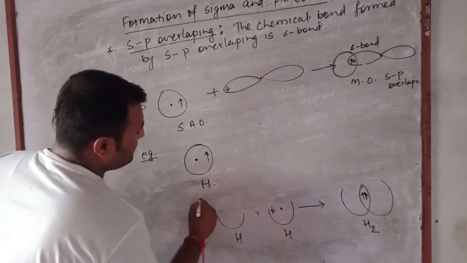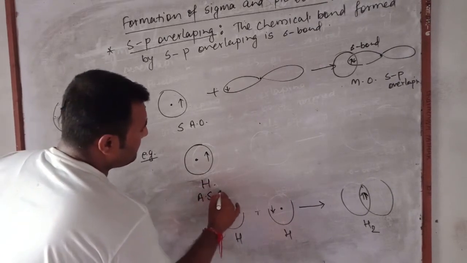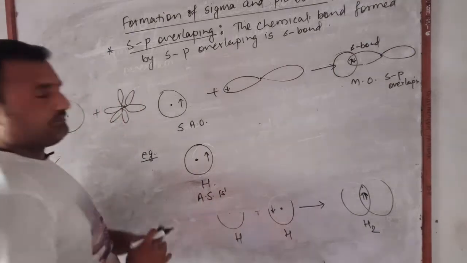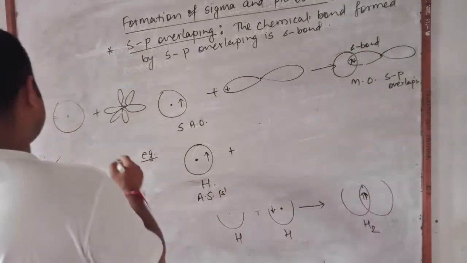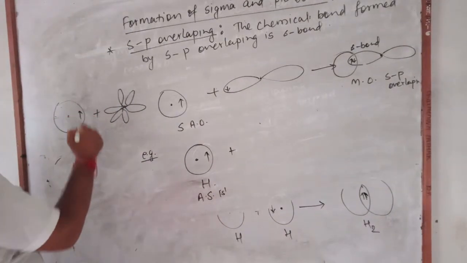In case of hydrogen, the atomic orbital is 1s1, an s atomic orbital, and it has only one electron.